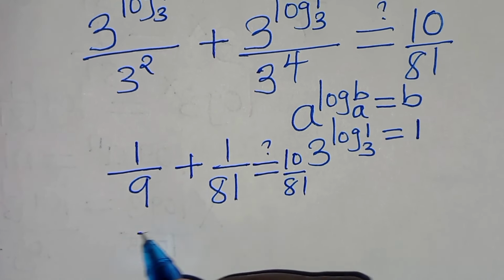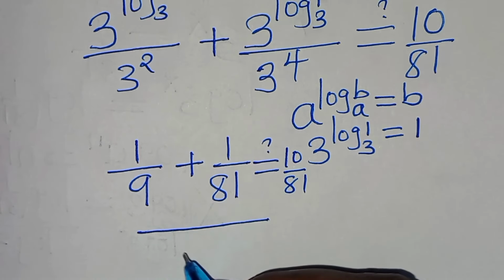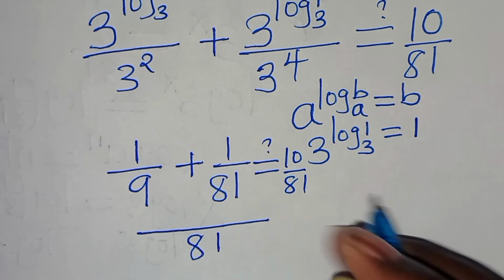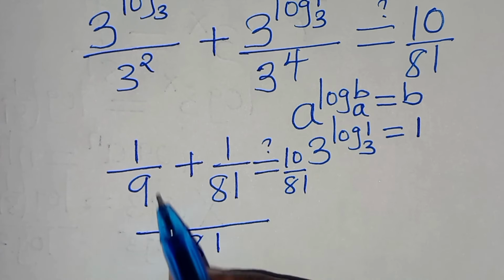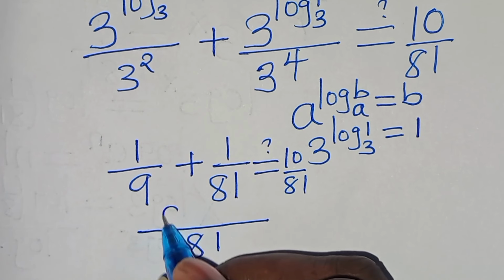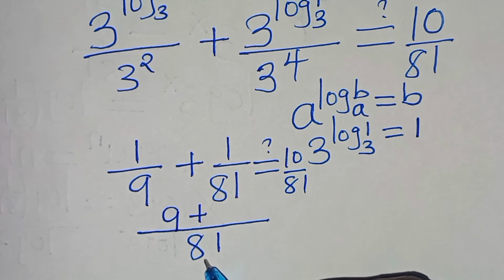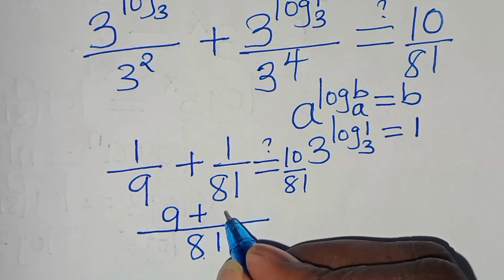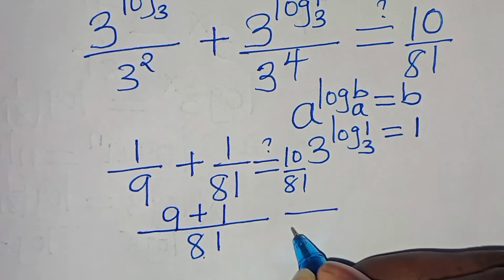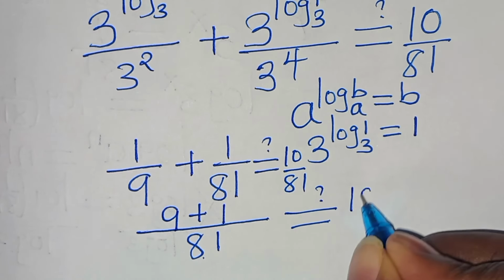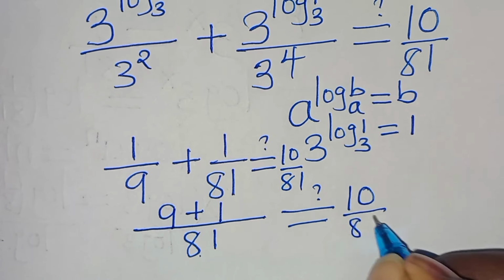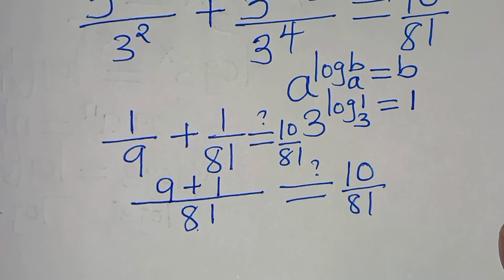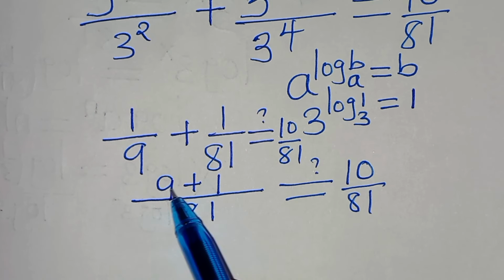Now, we have that here, the LCM is 81. So that now, 81 divided by 9 is equal to 9. Then plus 81 divided by 81 is 1. 1 times 1 is equal to 1. And this is supposed to give us a value of 10 over 81. Now, if you check here, we have 9 plus 1.